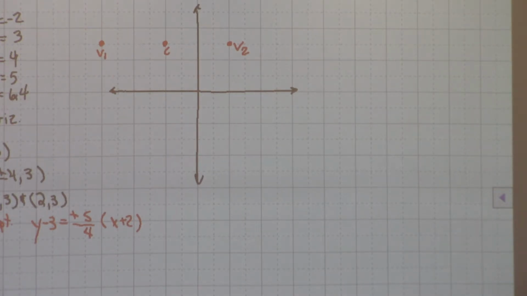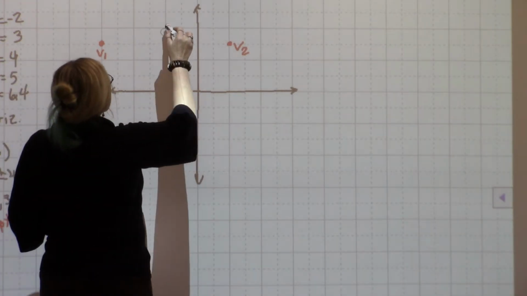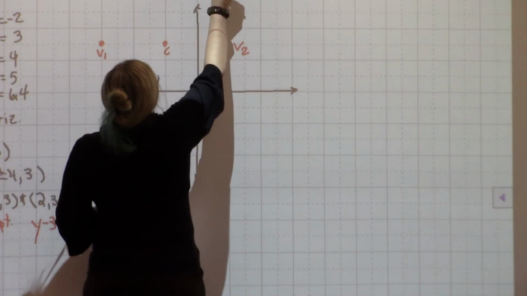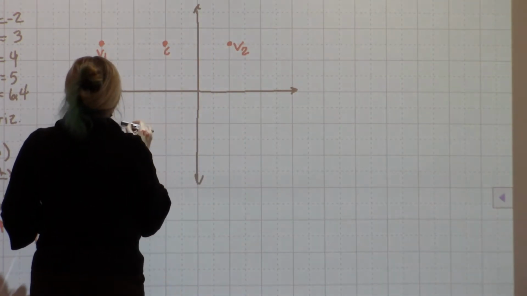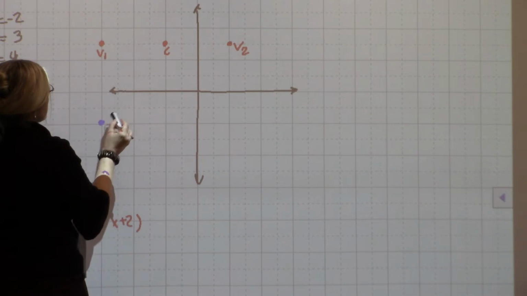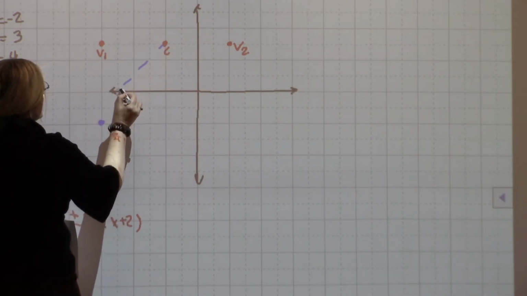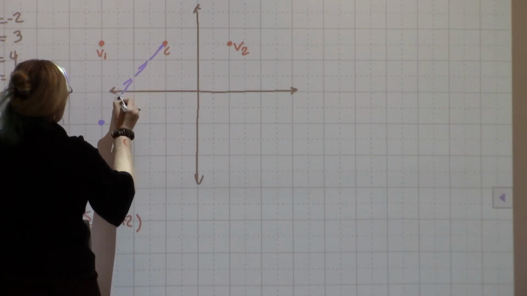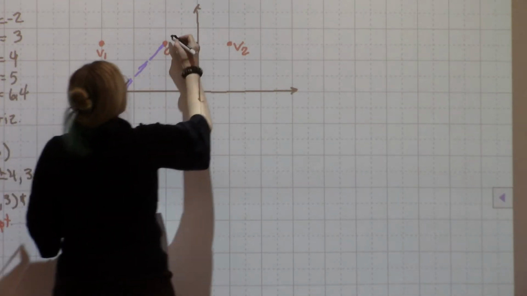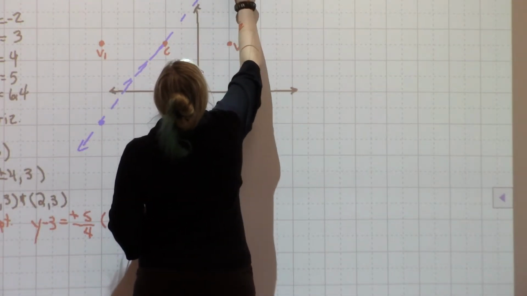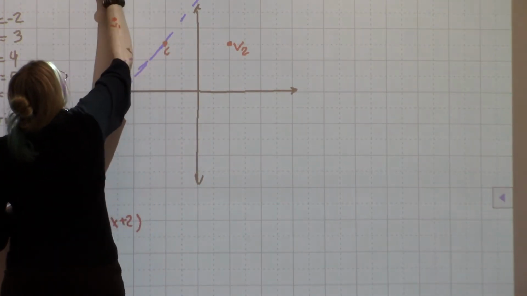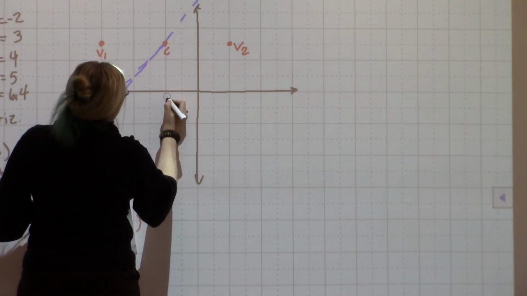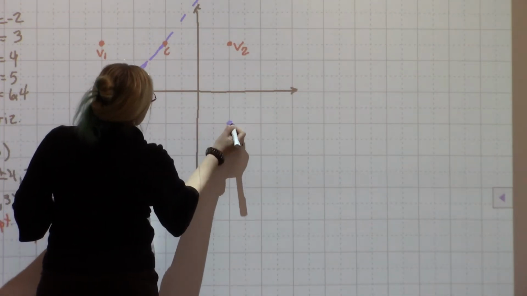So let's put those in. So we have to go up 5 and over 4, down 5 and over 4. And there's one of them. Ooh, wow, that's bad. And we need to go up 5 and back 4, and down 5 and forward 4.